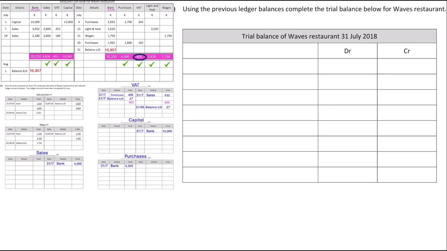We're asked now to do the trial balance, which is the list of all of the balances. First of all, the bank account: the 10,957 will go on the debit side because it was a debit balance. The light and heat account was a debit balance, 2,620.